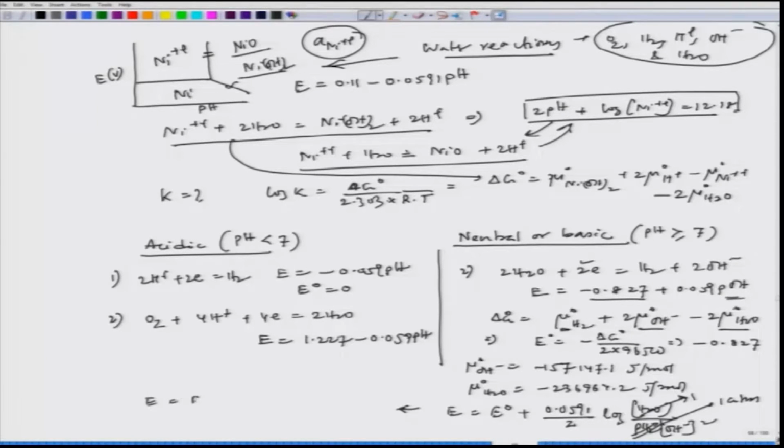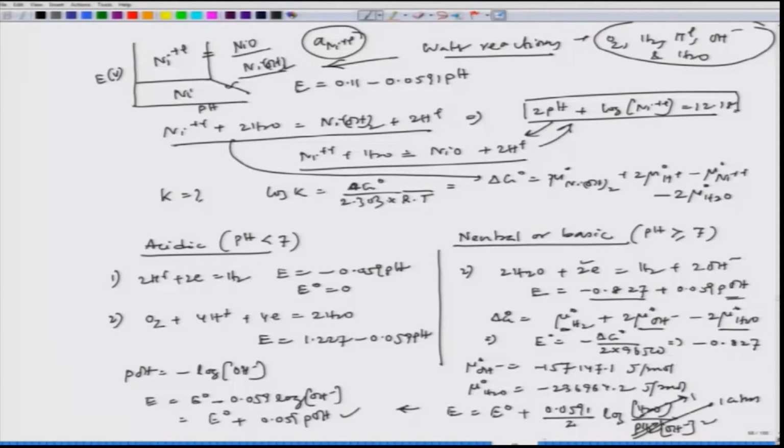E equal to E0 plus 0.0591 times minus log of OH minus, which is nothing but E0 plus 0.0591 pOH, where pOH equal to minus log of OH minus ion.